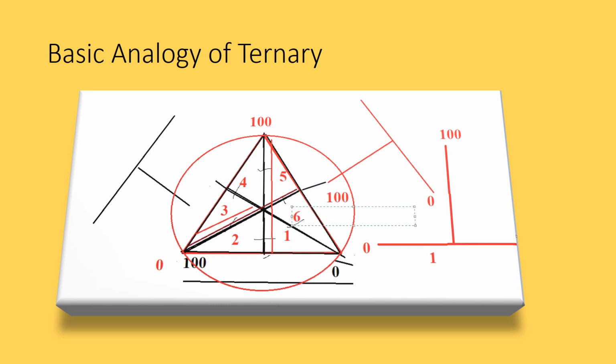We can divide and demarcate the zones according to our attributes, our database, and our purpose. This is the basic and foremost analogy to draw any kind of equilateral triangle to be used as a ternary diagram.